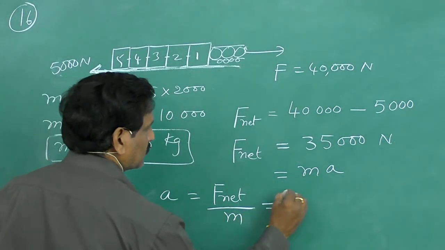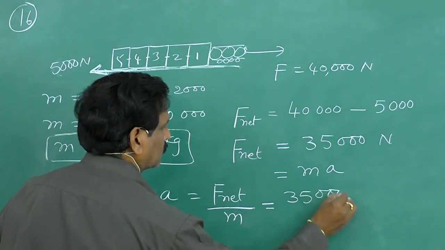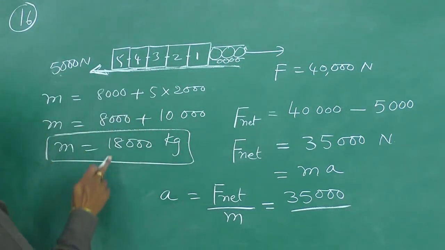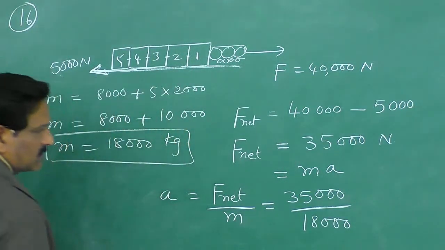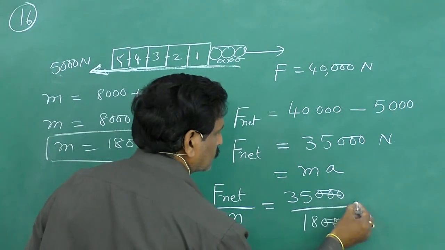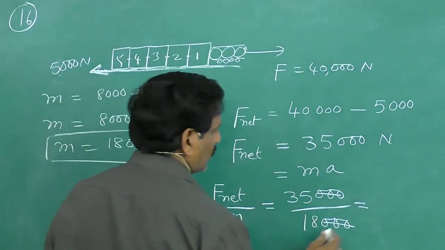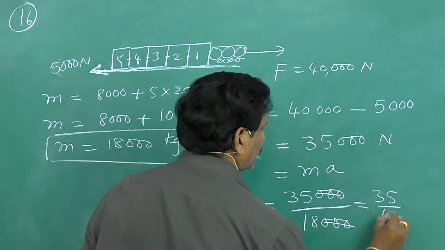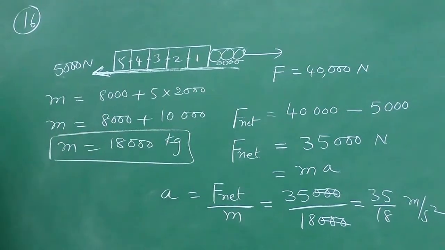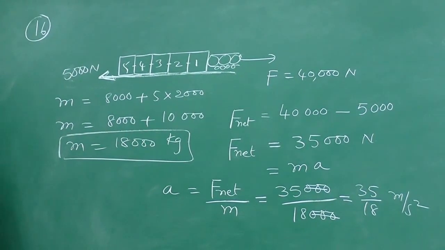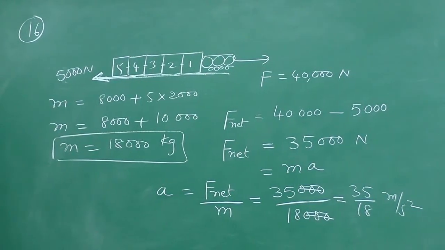So this is equal to 35,000 divided by the total mass, which is 18,000. So this is 35 by 18 meter per second square. This is the acceleration produced in the system.